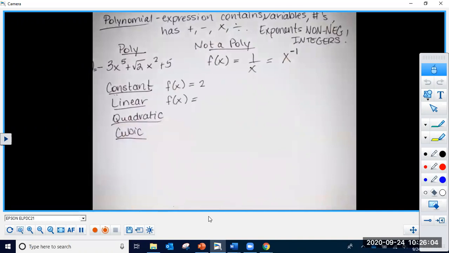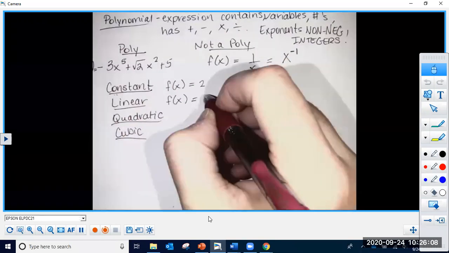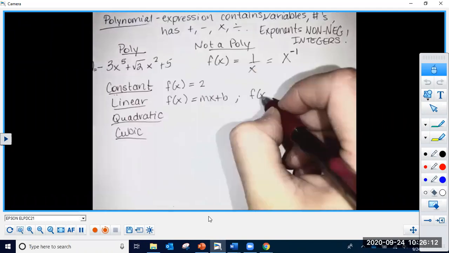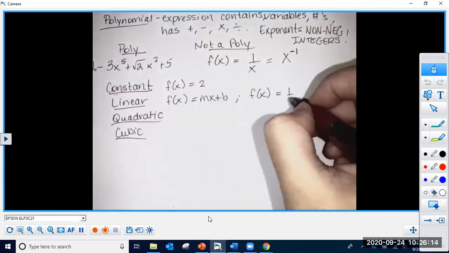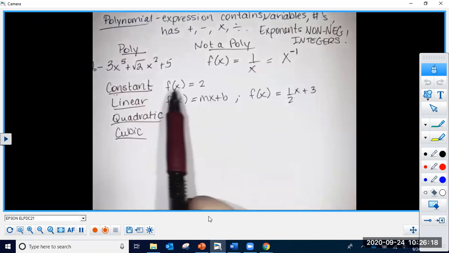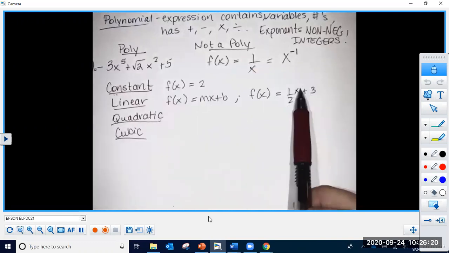Good, slope, intercept. y equals mx plus b. So you might have something in that form. An example in numeric form would look like maybe 1/2 x plus 3. Linear just indicates that your highest exponent in your polynomial is 1.